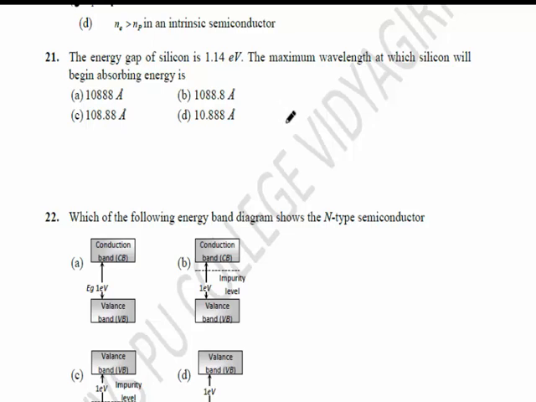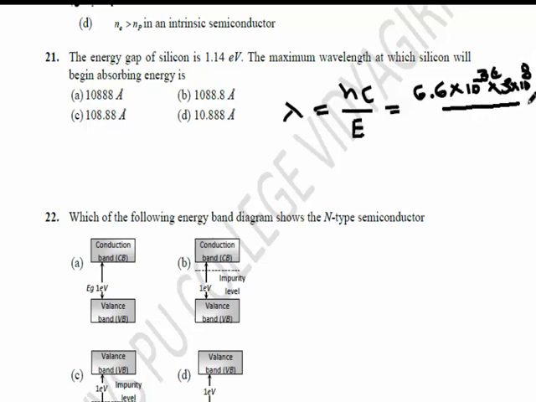We know that lambda equals hc by E. Again we have to substitute the values. h value is 6.6 into 10 raised to minus 34, c is 3 into 10 raised to 8, whole divided by the energy, 1.14 eV.